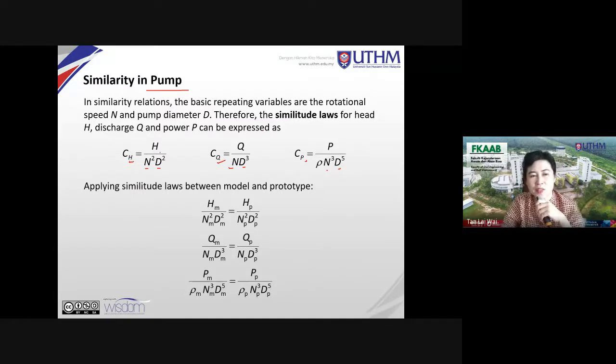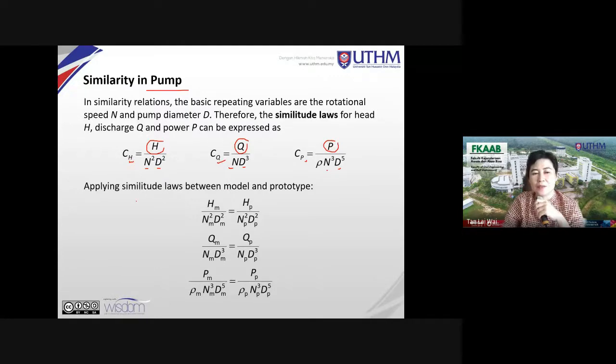Now, for the similitude law for head you have the head, for the law of discharge you have discharge, and for power you have power.